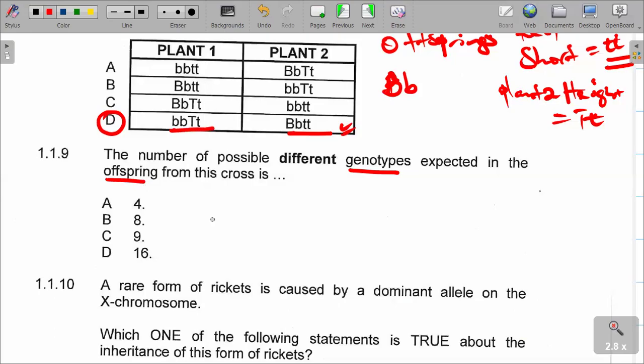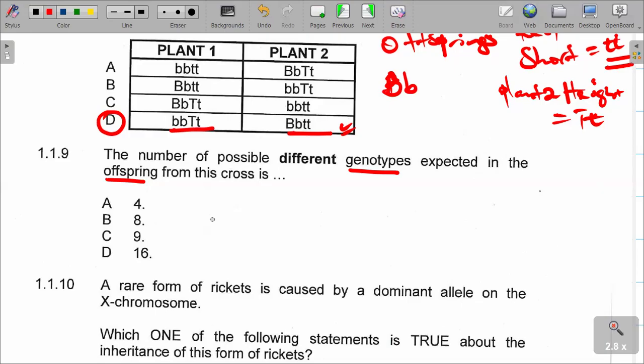I'm sure you remember that when you talk about a dihybrid cross, when we actually work on it, we can expect the total genotypes that can be expected there.